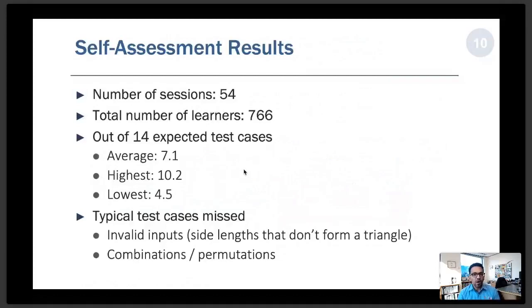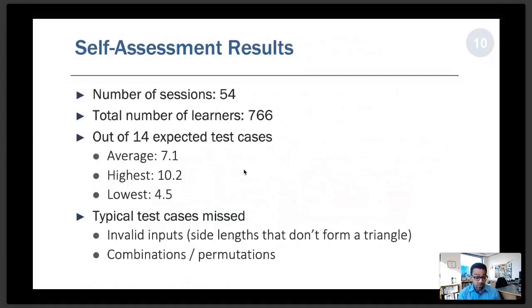We're not talking about kids at school. We're talking about professional software developers. So they're missing about half of the required minimum test cases. That means that there is a gap in our testers' mindset.